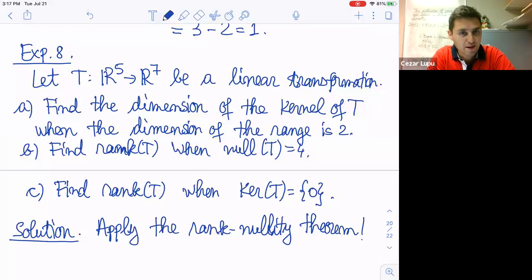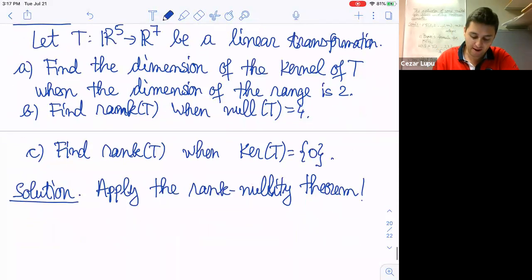The dimension of the domain is? Come on. So my linear transformation goes from R5 to R7. So the dimension of my domain is what? Is R5. So the dimension of the domain is 5.